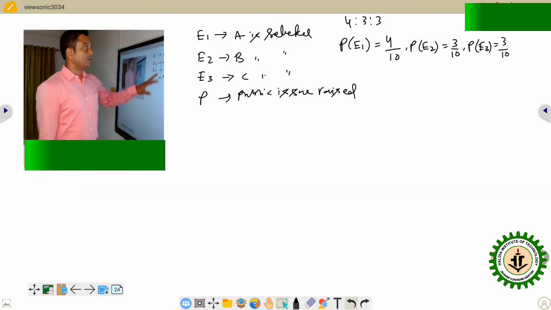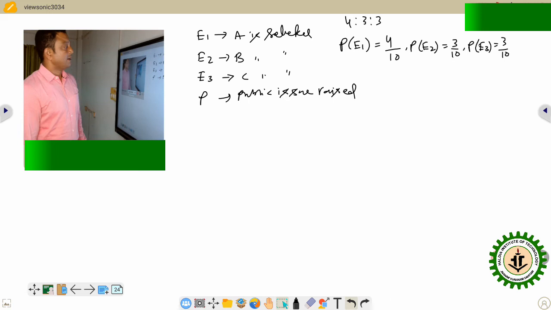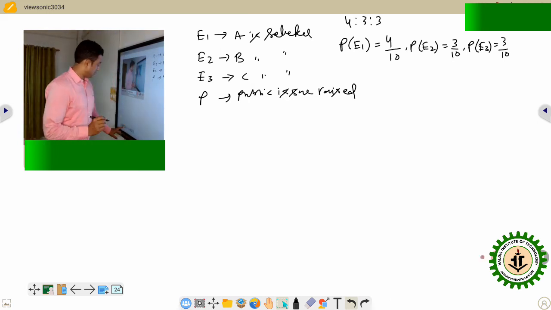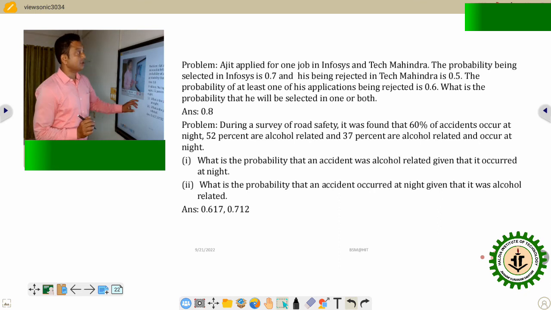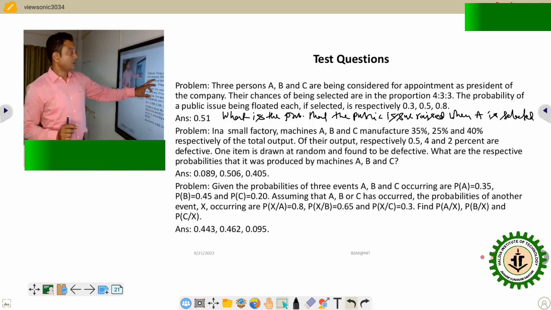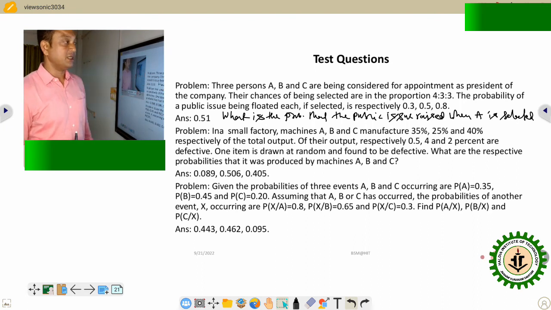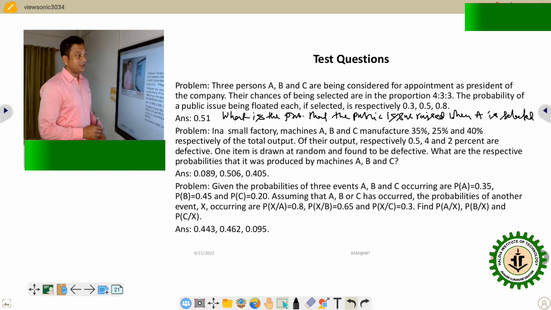Now let us look at the data. Their chances of being selected are in the proportion 4:3:3. The probability of a public issue being floated is 0.3, 0.5, 0.8. So 3, 5, and 8.